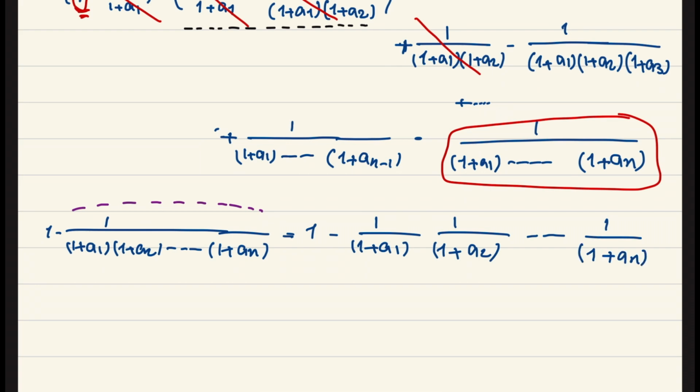So let's go to the hint. In the hint I want to compare two terms. I want to compare 1 plus A1, or in general 1 plus AN, and compare it to 2 times the square root of AN. I want to see which one of these two terms is greater than the other term.